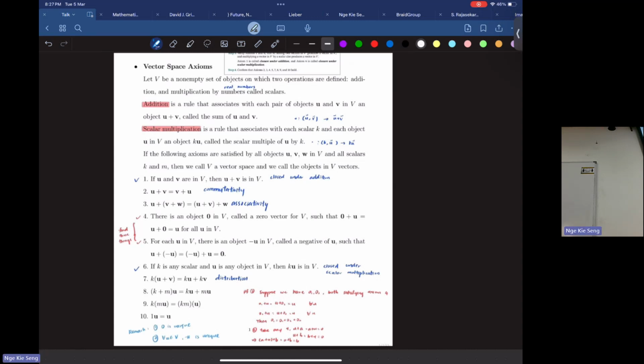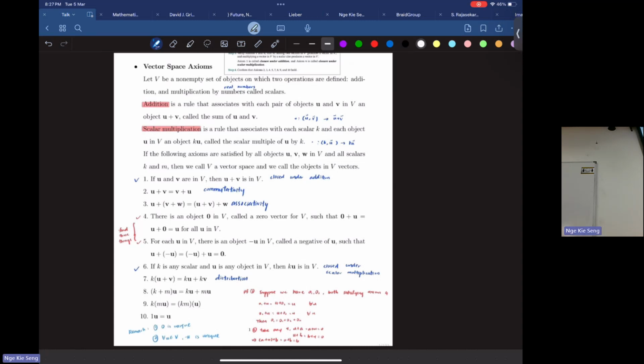What else? If K is any scalar and U is any object, then KU is in V. This is group action. If you have a group and a set combined, you still go into the set. And then this is the distributivity that I introduced just now, these two.